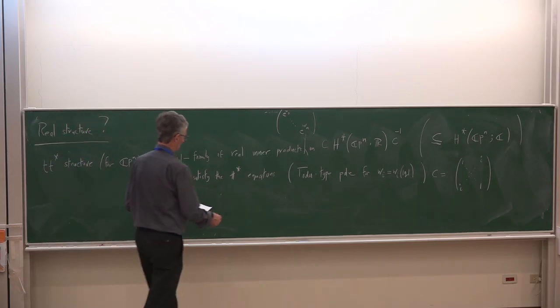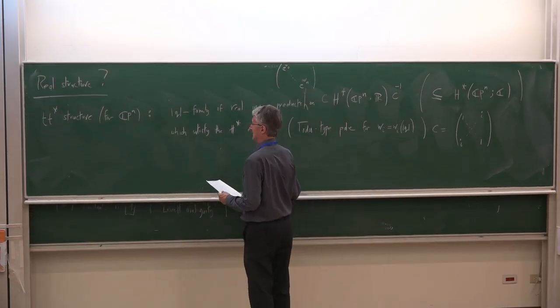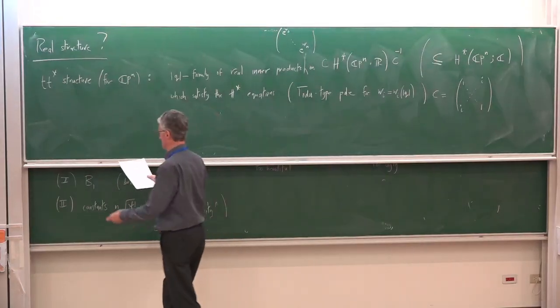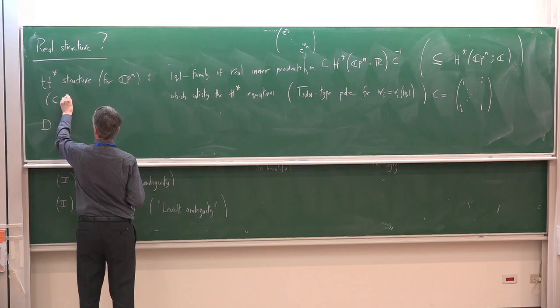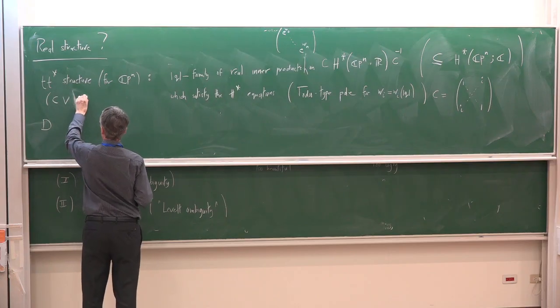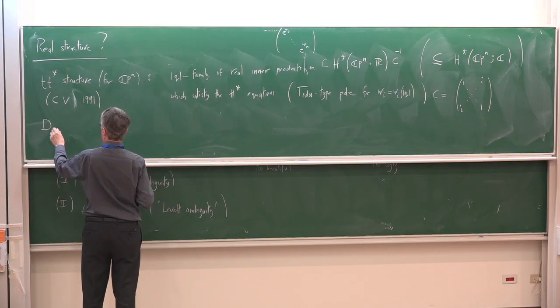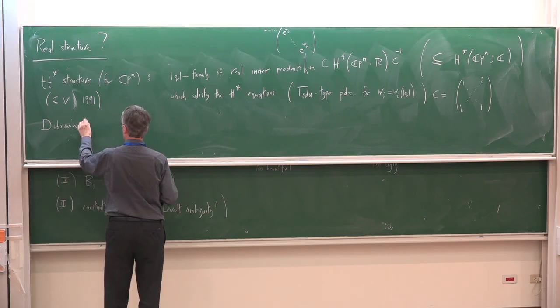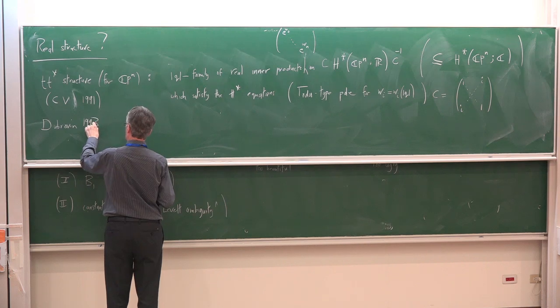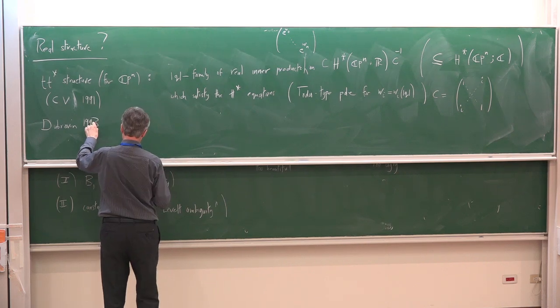I won't say any more about it, but you can find the explanation in Dubrovin's paper. The definition was by Cecotti, Vafa, and others, in a paper published in 1991, and then Dubrovin, 1993, Communications in Mathematical Physics, maybe.